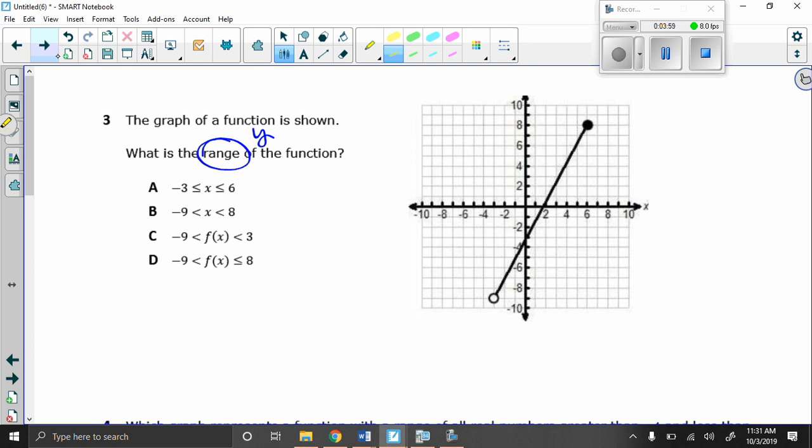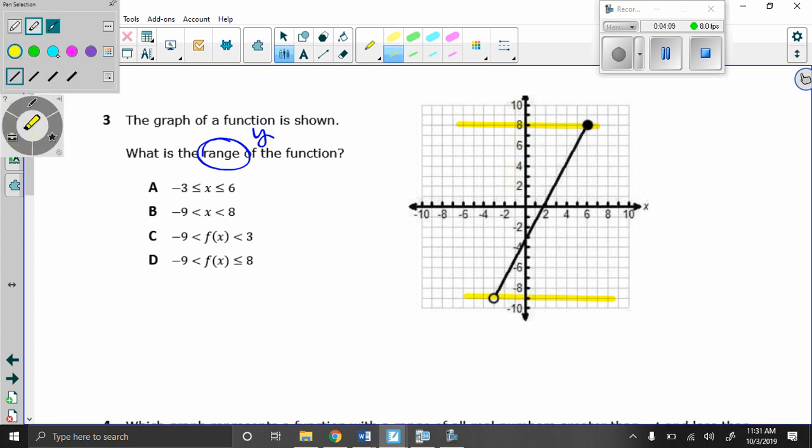So my lowest point is right here at -9, and my highest point is at +8. I'm going to go ahead and write those down. So at -9 and +8.